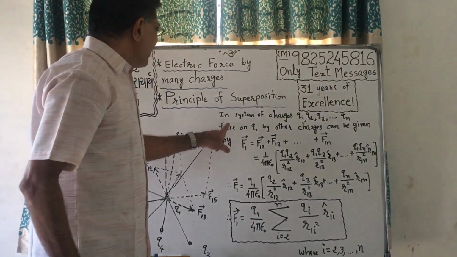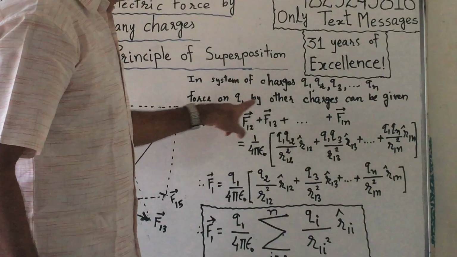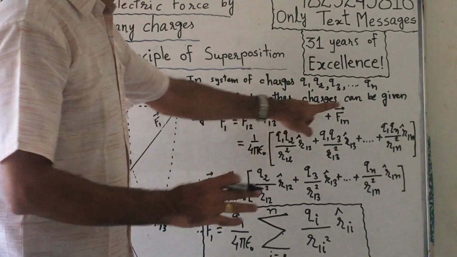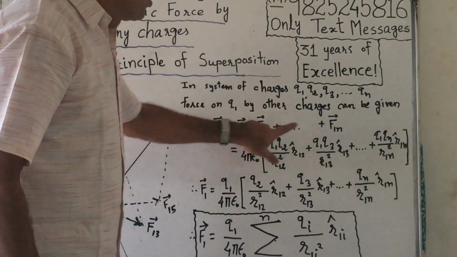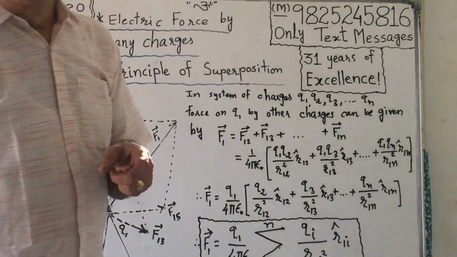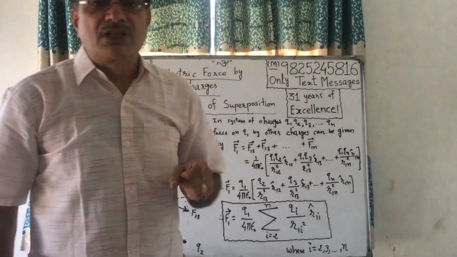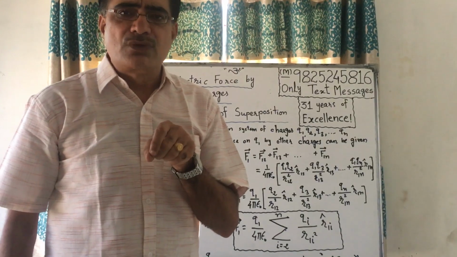Now the formula. In a system of charges Q1, Q2, Q3 up to Qn, the force on Q1 by all other charges can be given as F1 equals F12 plus F13 up to F1n. Now we know that F12 equals K, and in place of K we write 1 upon 4 pi epsilon naught into Q1 Q2 upon R12 square into R12 cap.